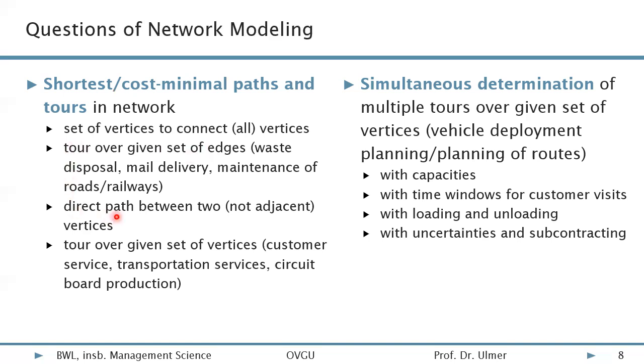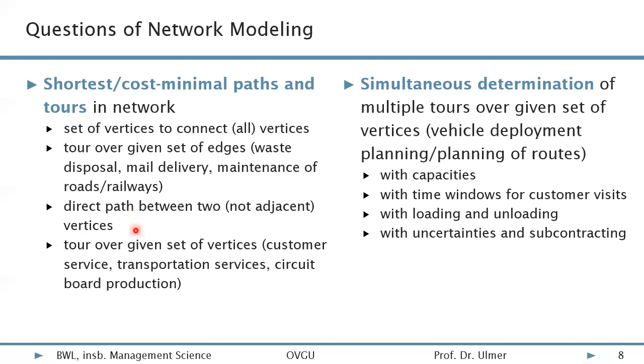Other question: direct paths between two non-adjacent vertices. Assume we want to go from here to Kiel. Then we want to have the time minimum path from Magdeburg, likely over Hanover, Hamburg, and then Kiel, but it is not necessarily always the case because we have traffic jams.